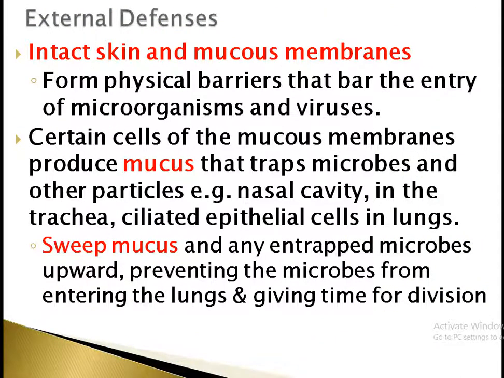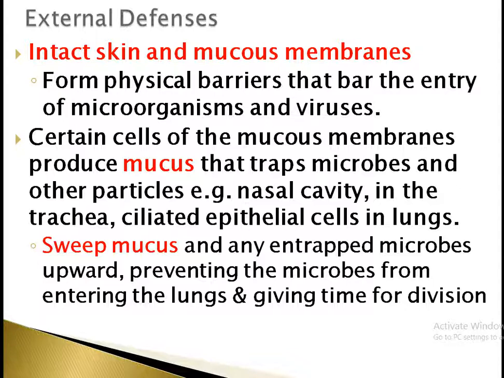For the external defenses, the skin and mucous membranes must be intact. If there is any injury to this barrier, the infective agent like bacteria or virus can easily go inside the body.